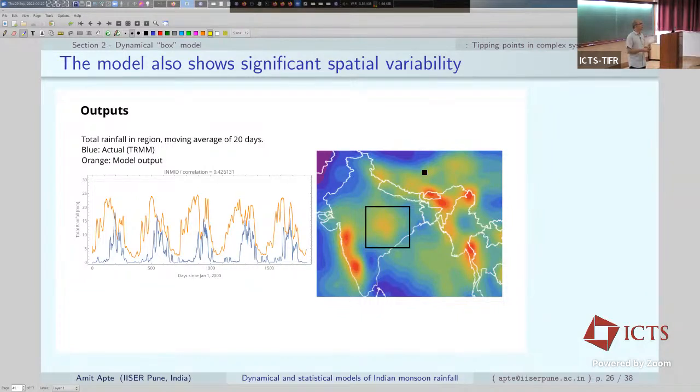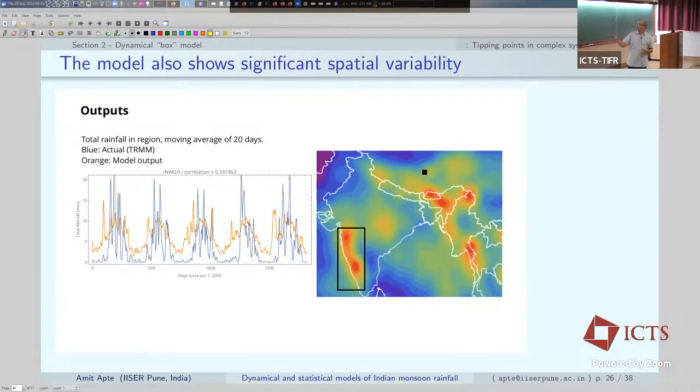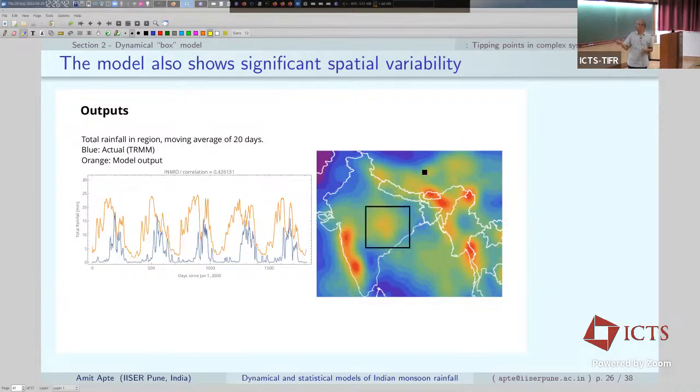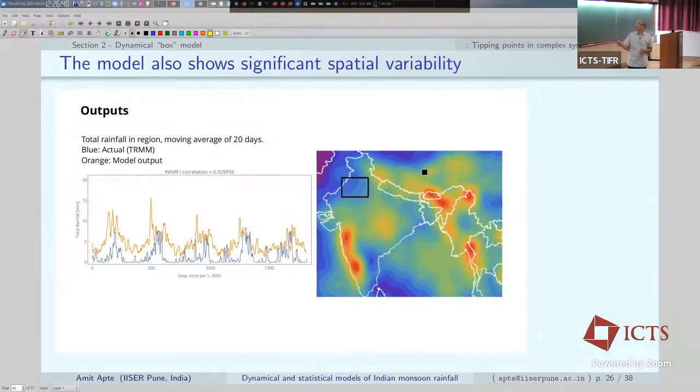Anyway, the temperature gradient across the boundary and the winds across the boundary affect the behavior inside the box. But those boundary conditions change in different locations. The temperature on the western edge of this box is clearly going to be different from the temperature on the western edge of this box, and so on. So the boundary conditions will change as you change the box location, and that will change the behavior inside that box. Okay, thank you.